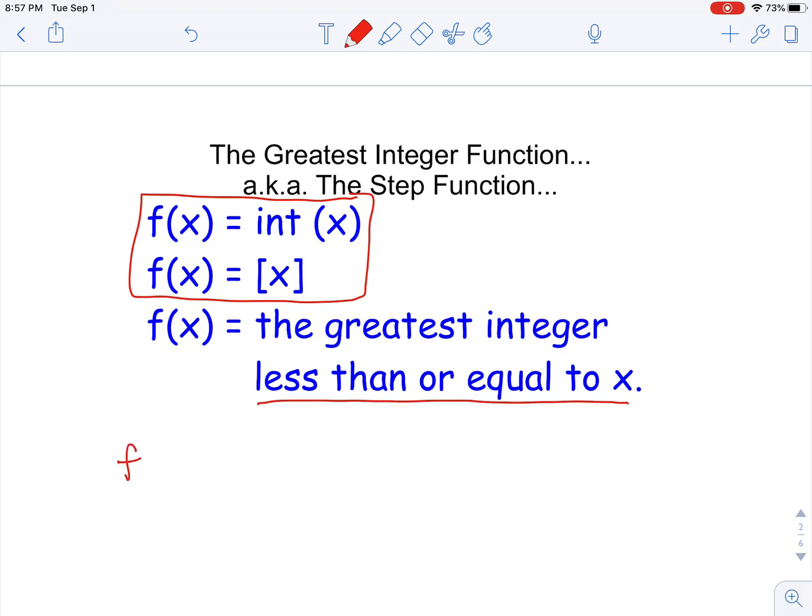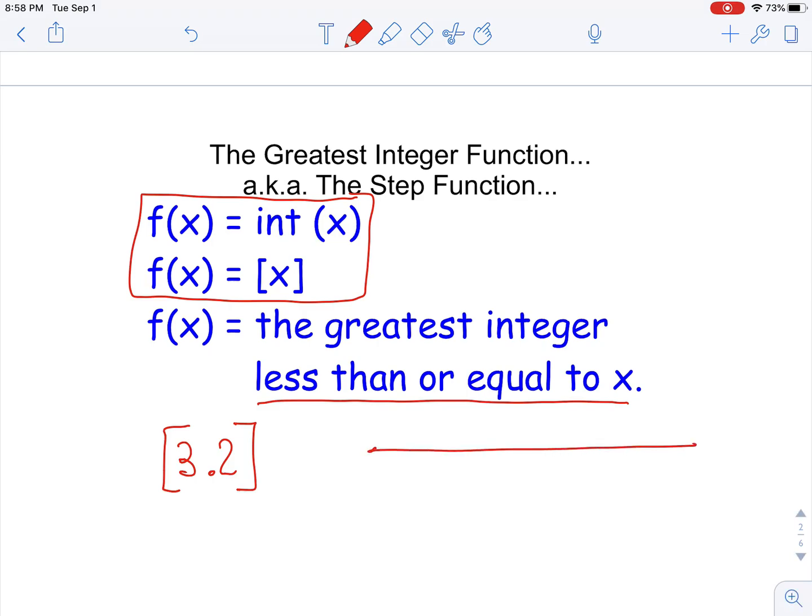If I ask you to find the greatest integer, and I give you a number 3.2. First of all, I do want you to notice that this is not the same as absolute value. These look more like brackets, the same thing you would see in matrices. Now, what does it mean to find the greatest integer less than or equal to 3.2?